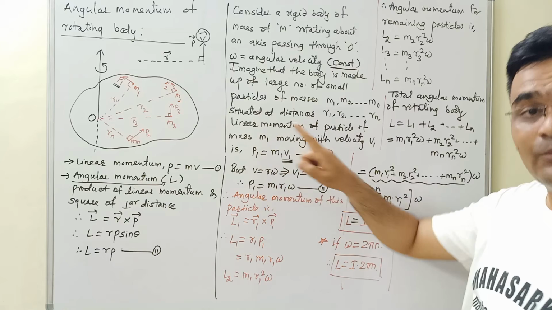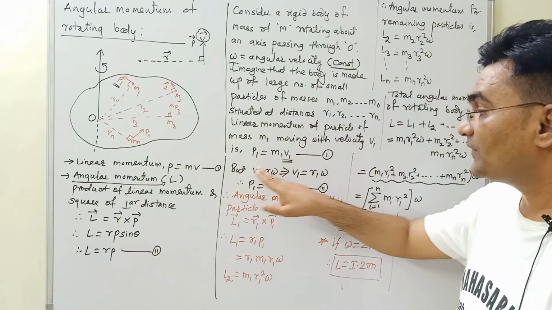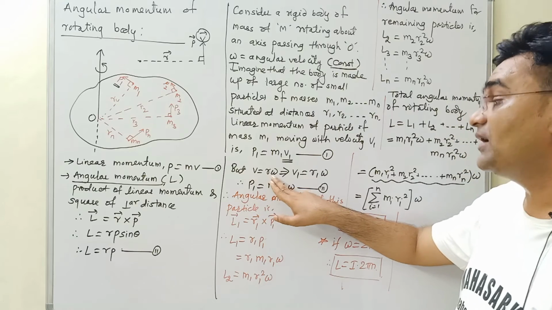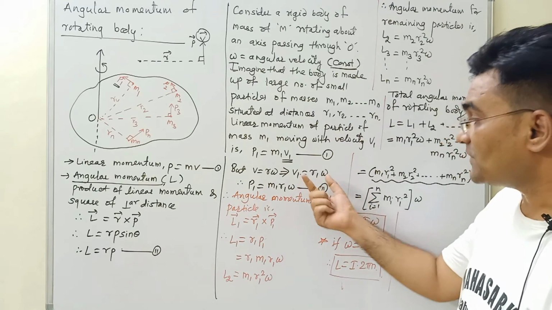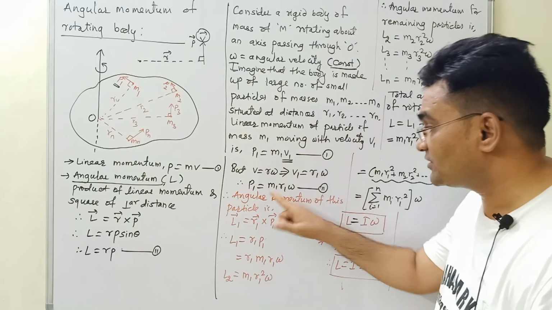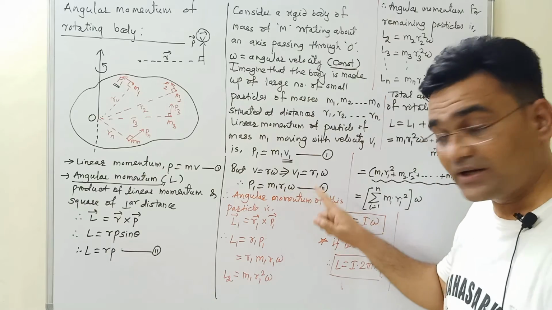So the linear momentum of the first particle will be p1 equal to m1 v1, v equal to r omega. According to this formula, v1 equal to r1 into omega. Substituting the value of v1 in this equation, you will get linear momentum equal to m1 r1 omega.